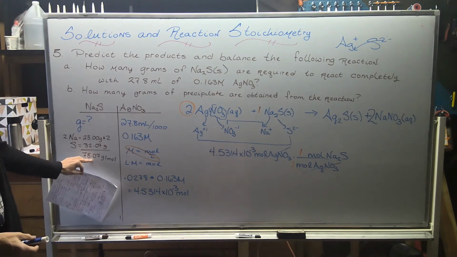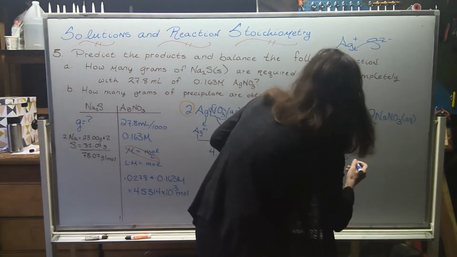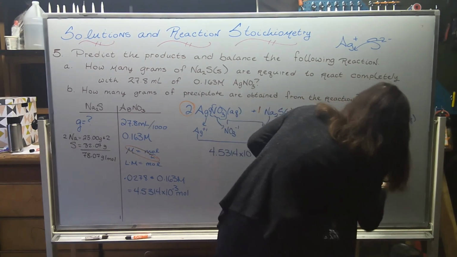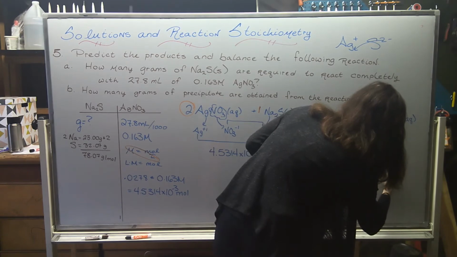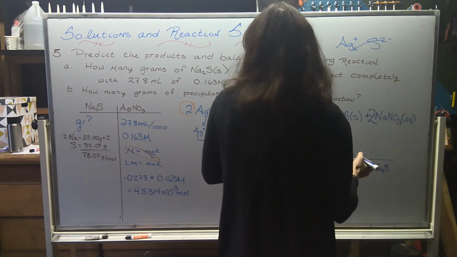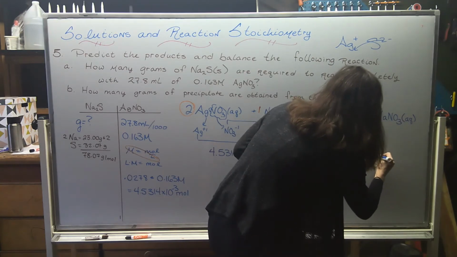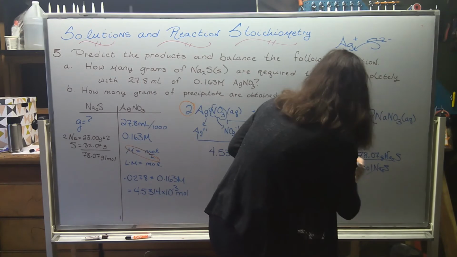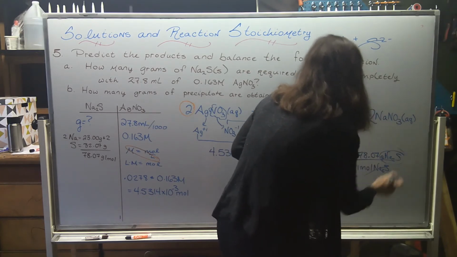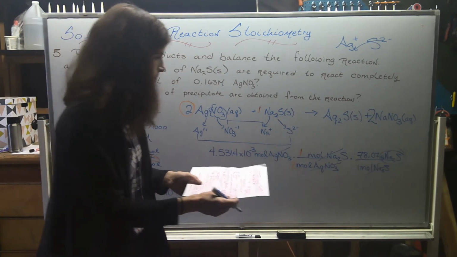So I'm going to use my molar mass value to get my answer here. So 1 mole of sodium sulfide has 78.07 grams of sodium sulfide. And now my units are grams of sodium sulfide. That's great because that's what I want.